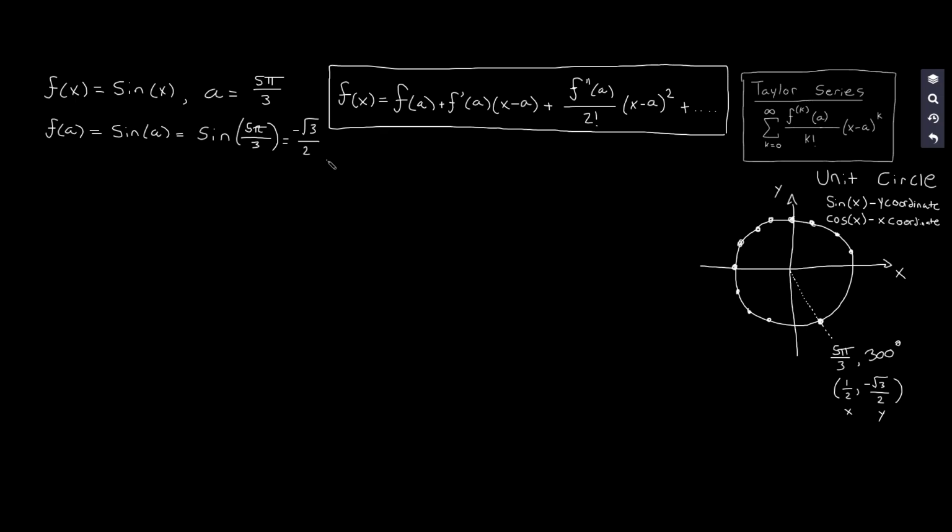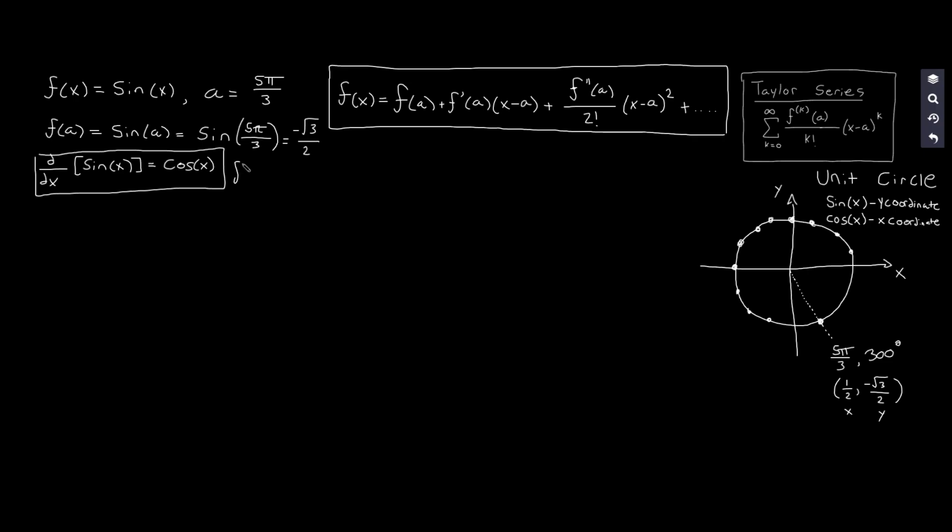As for f prime of a, there's a requirement to find f of x's derivative. If you take the derivative of sine, it's going to be cosine. The derivative of sine is cosine. Well, it's straightforward enough.